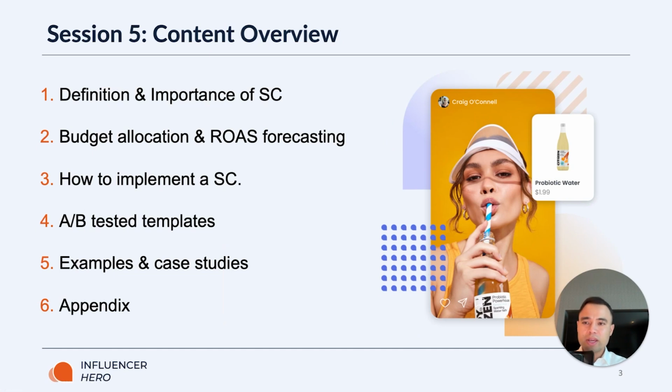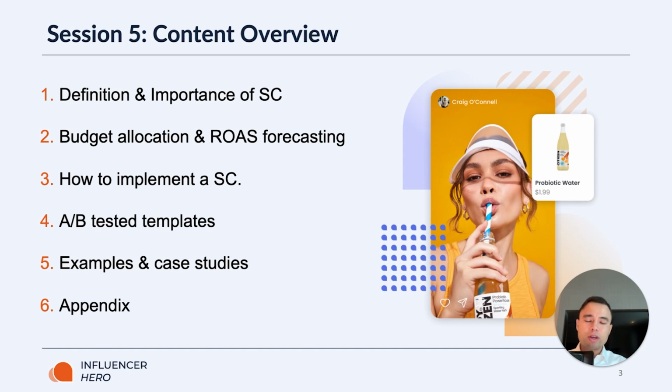So at first we will begin with a quick definition. We have already defined it quite in depth in the introduction session, but that's already a few sessions ago. So we will start with a quick definition, explain what exactly are seasonal campaigns, and then we also discuss the importance. Then in chapter 2, we will go through budget allocation, right? How do we actually forecast and allocate budgets to those high performing and medium performing influencers? Then we have return on ad spend forecasting and also calculating your ROI.